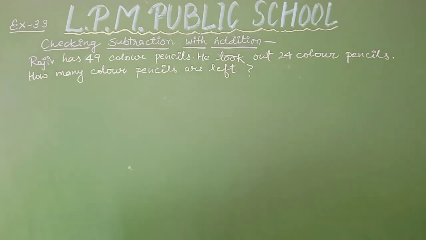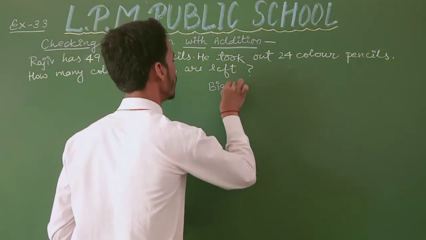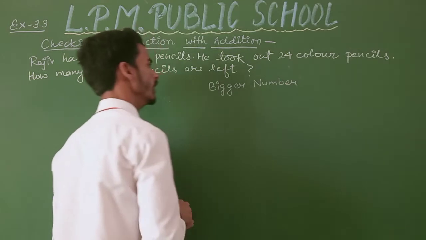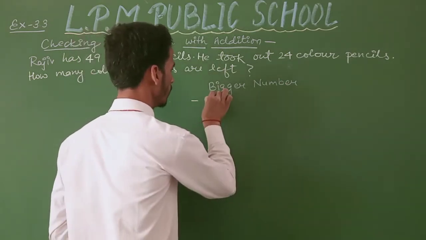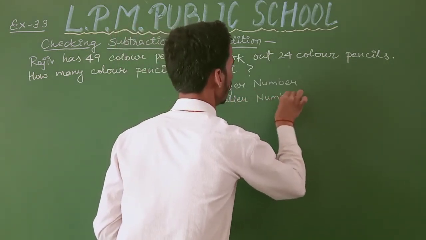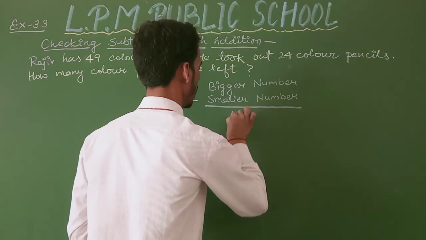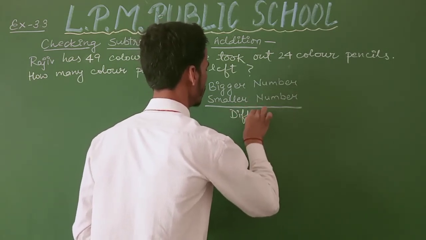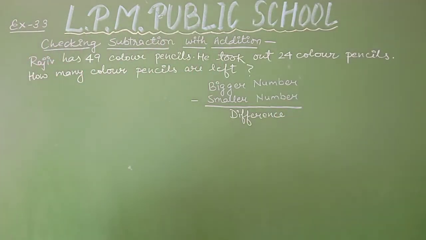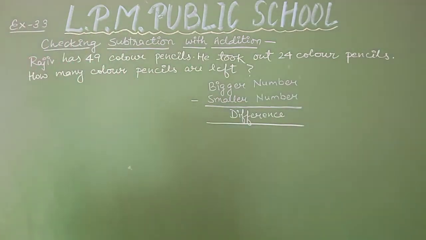When we subtract, we subtract a smaller number from a bigger number, and we find the difference.